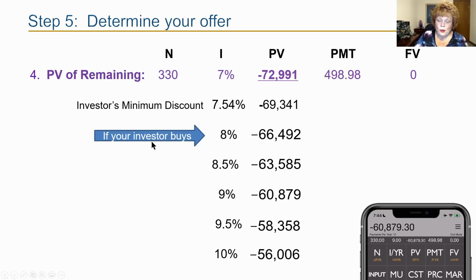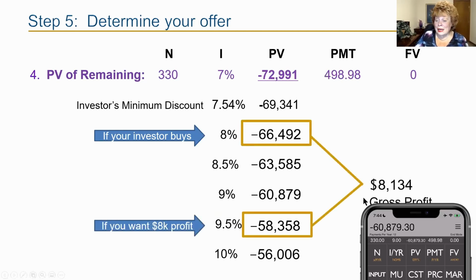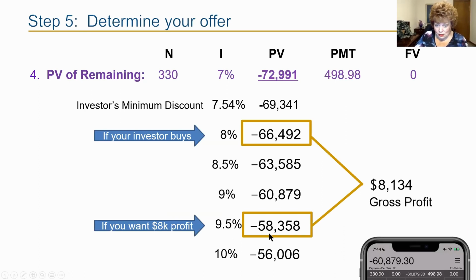So if you have an investor that wants an 8% return, we know that he's going to pay $66,492. And if you want an $8,000 profit, you can readily see that if you quoted at 9.5% for your buy rate, then that would be gross profit too.